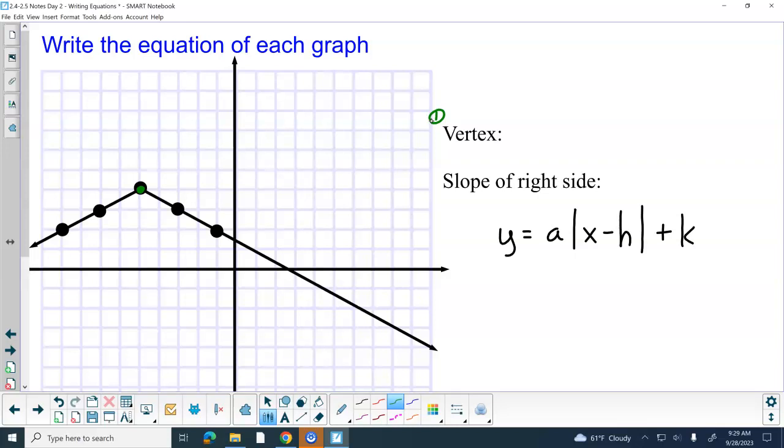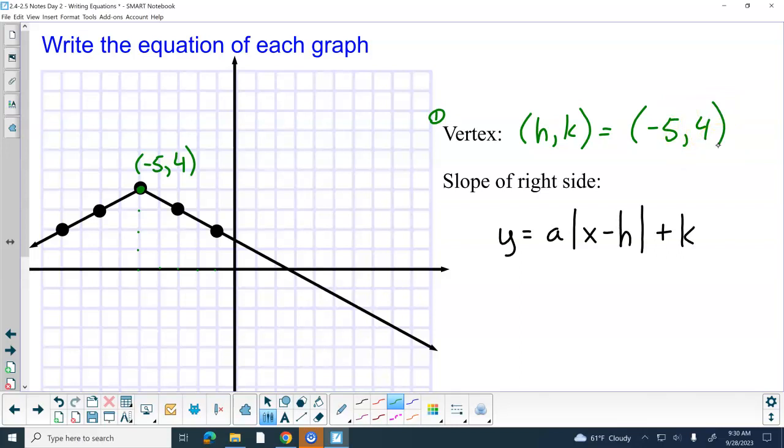So in this case, it is -1, -2, -3, -4, -5, comma, 1, 2, 3, 4. Okay? So my vertex, which we just said was H, comma, K, is going to be -5, comma, 4.